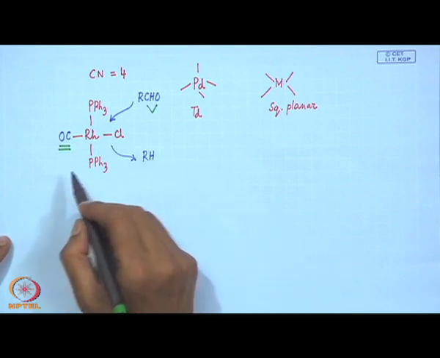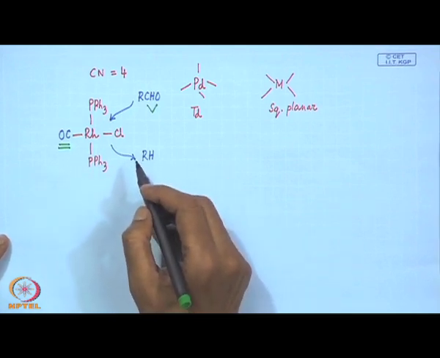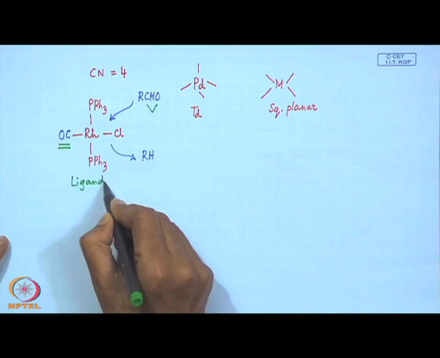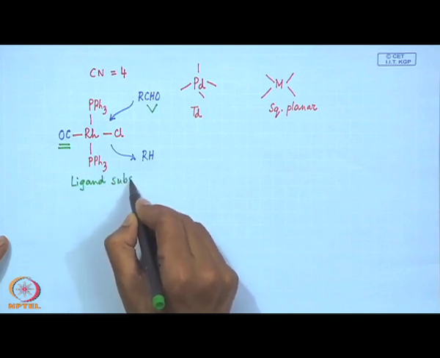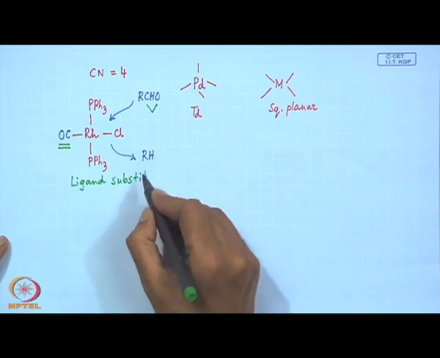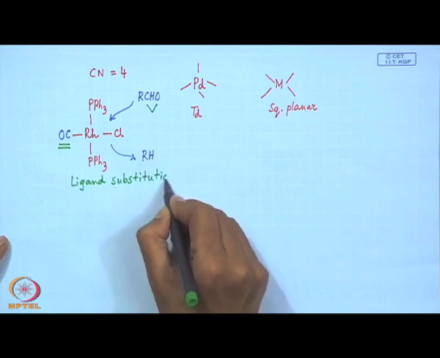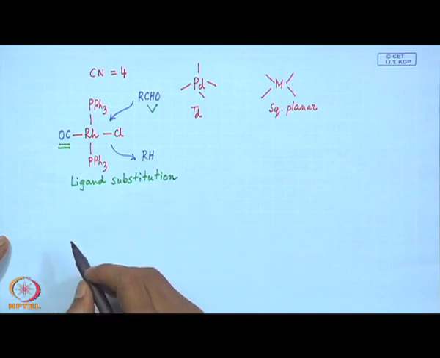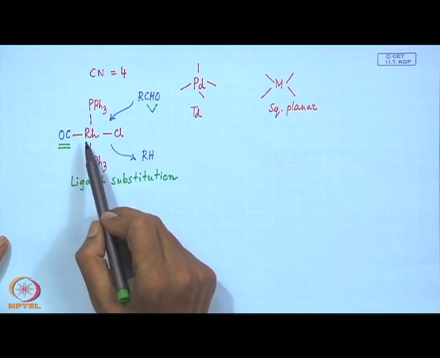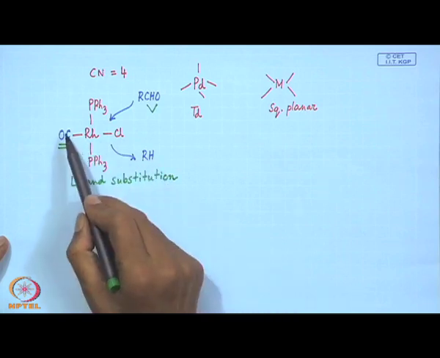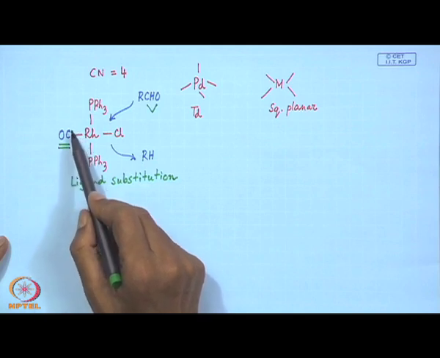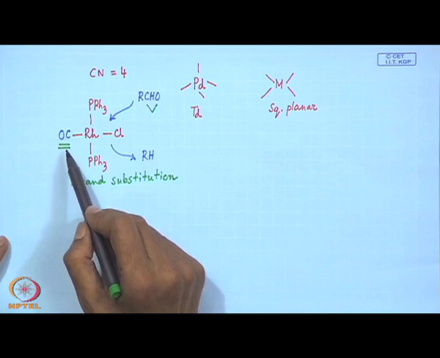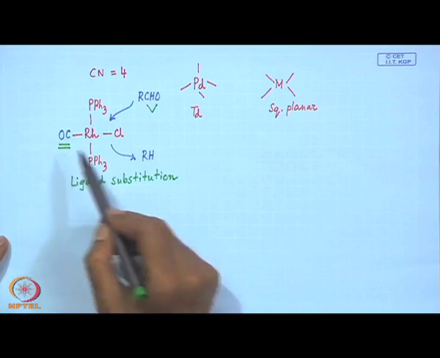So, it is basically a ligand substitution reaction, which is nicely taking place on this system, and we are not going for anything else because the triphenyl phosphine, which is being removed from this position, was a neutral ligand and is now newly occupied by a carbon monoxide molecule, which is also a neutral one.